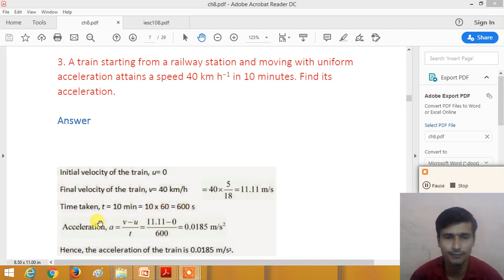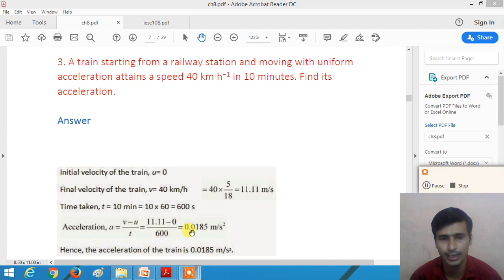So by the definition of the acceleration, acceleration is equal to change in velocity divided by time. So final velocity minus initial velocity divided by time t. So here the final velocity is 11.11 minus initial velocity is 0 divided by 600.